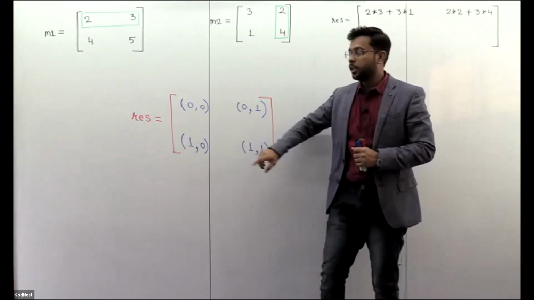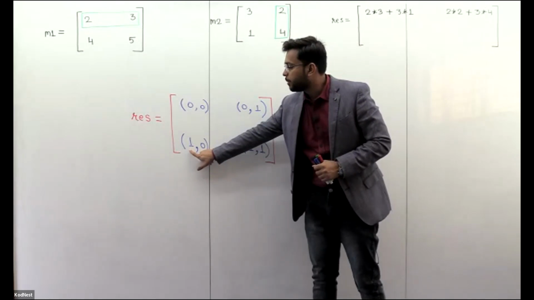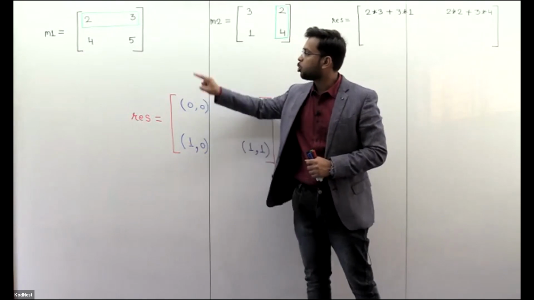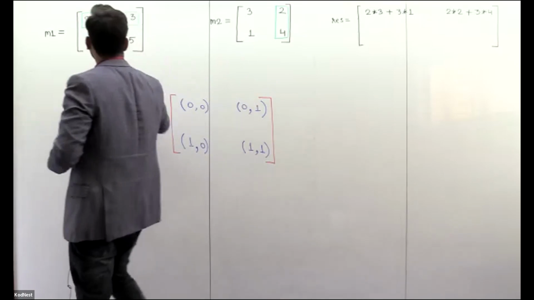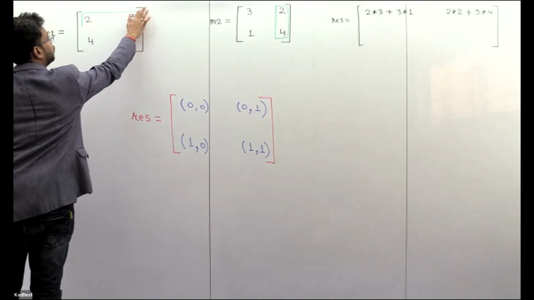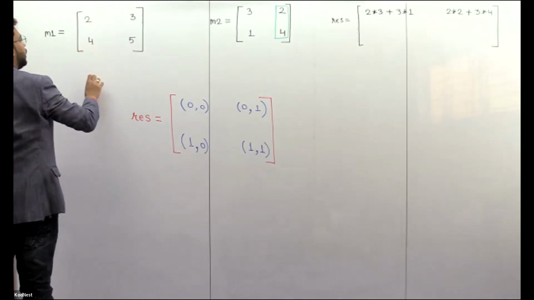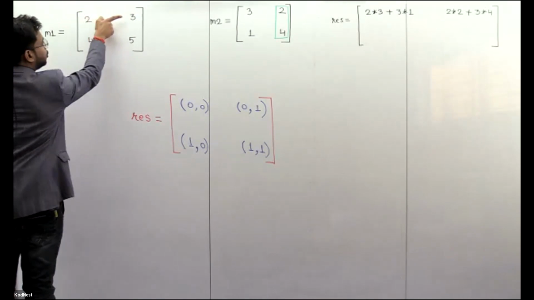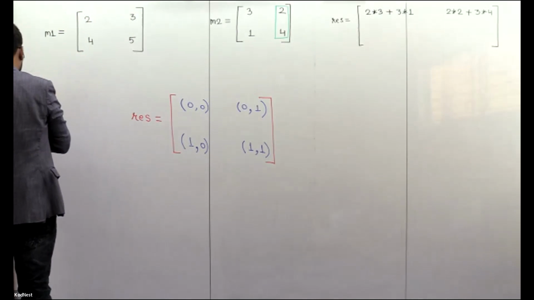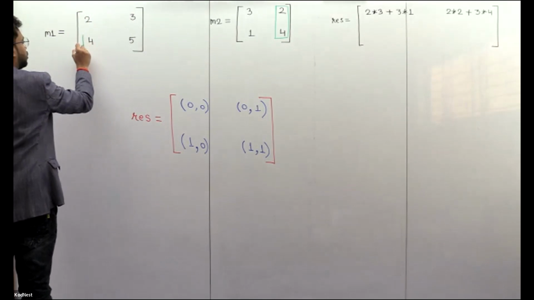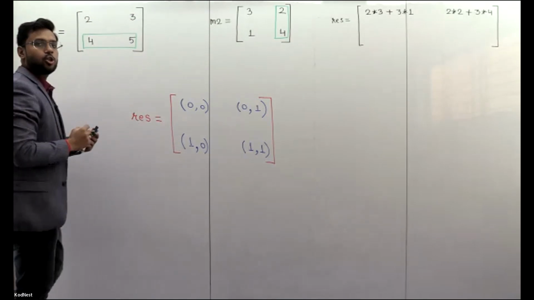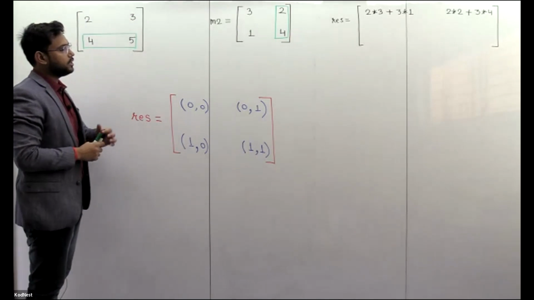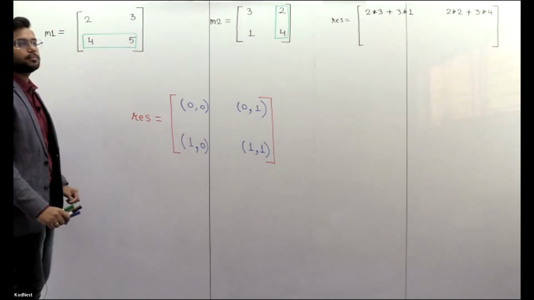I have to consider the first row. Whatever is coming first, that will be the row of M1. So I will be considering the first row. This is 0th row. This is first row. Very good. Which column I have to consider in the M2 matrix?